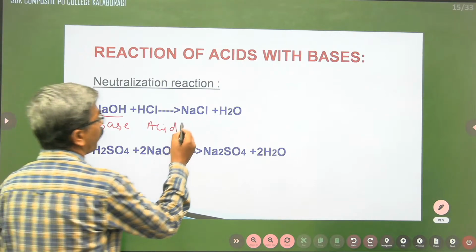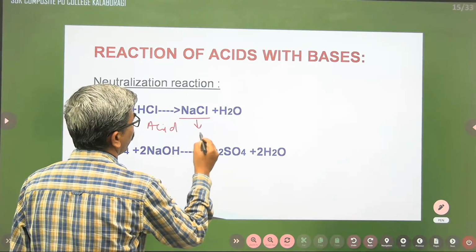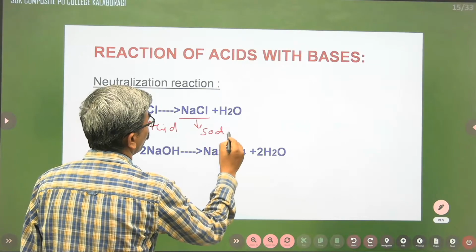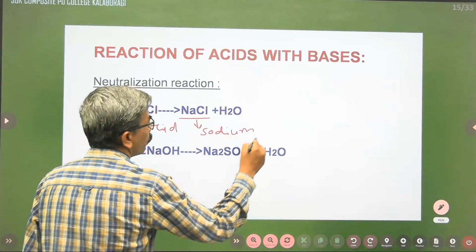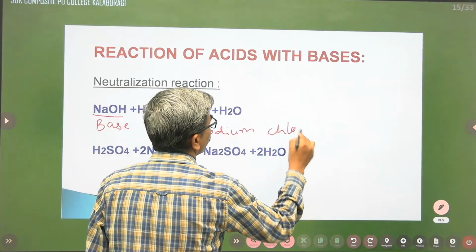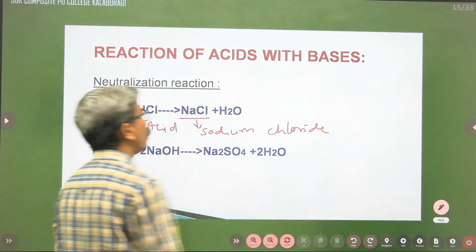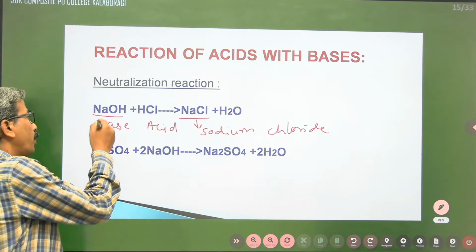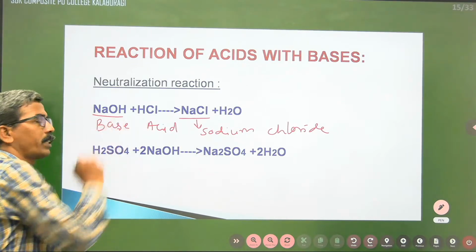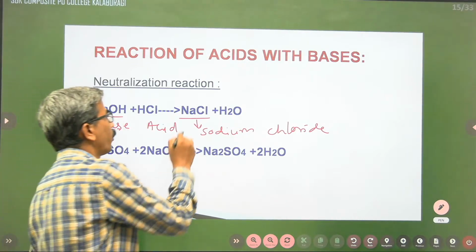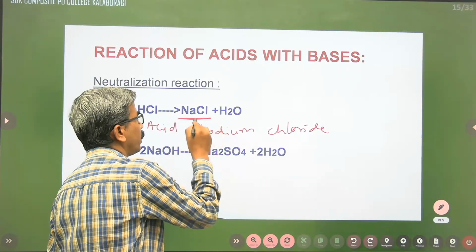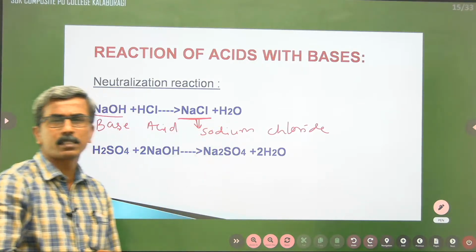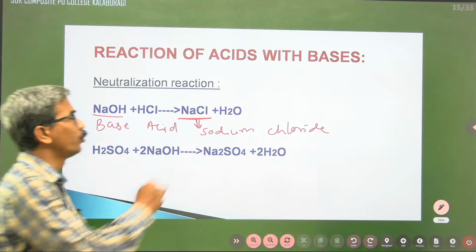As all of you are aware, this compound is sodium chloride, and this is the formula for water. So when a base reacts with an acid, we get salt and water.